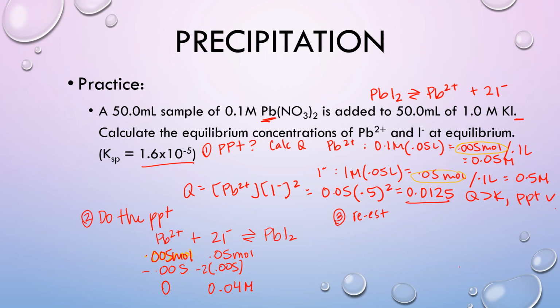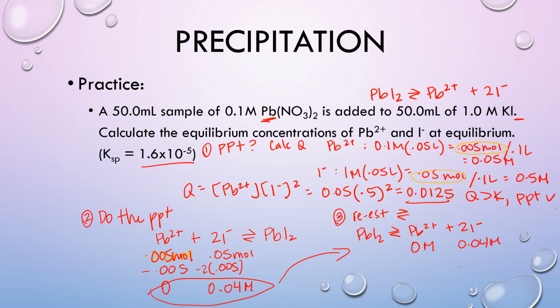Now, those are my initial concentrations for when I reestablish equilibrium. So I ran out of lead, so I'm taking these here and I'm plugging them in here. So I had no lead left over, but I do have 0.04 molar iodine left over.